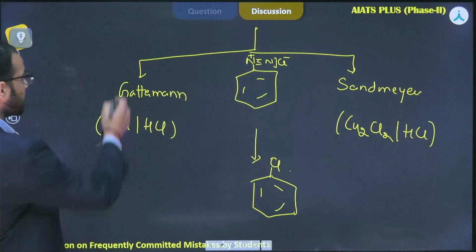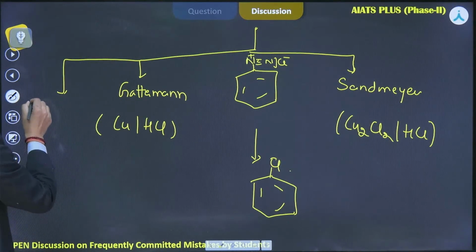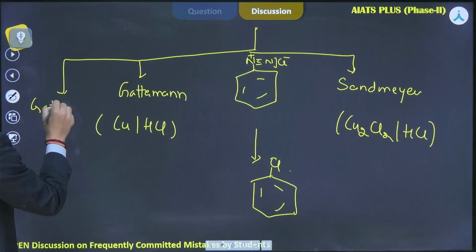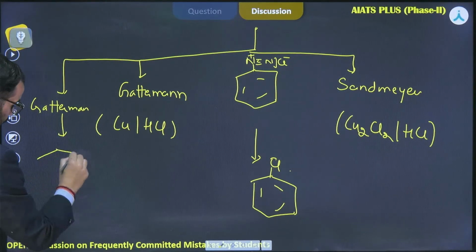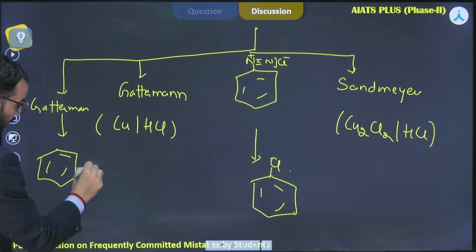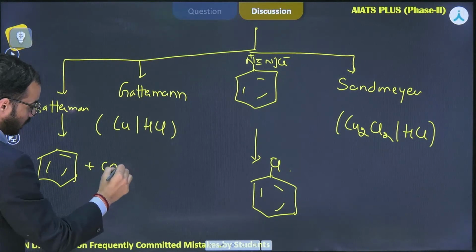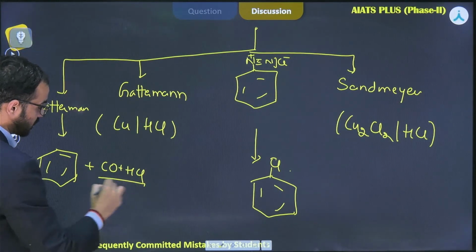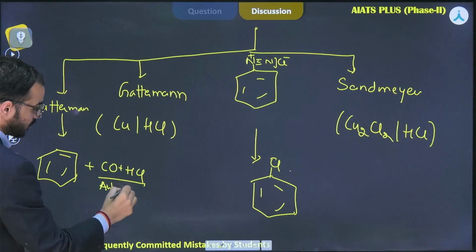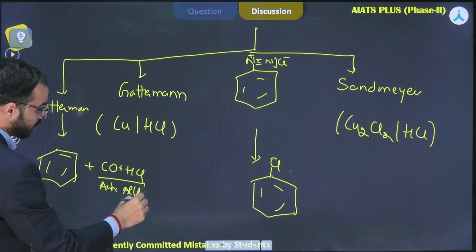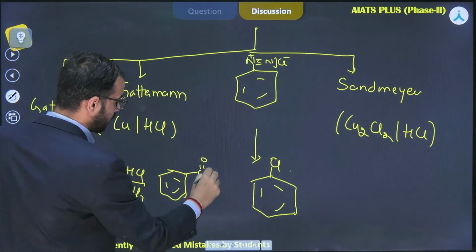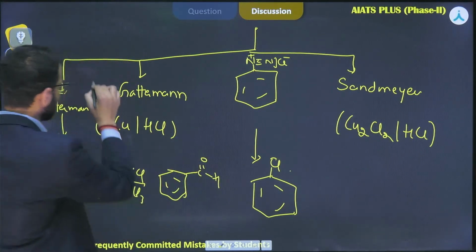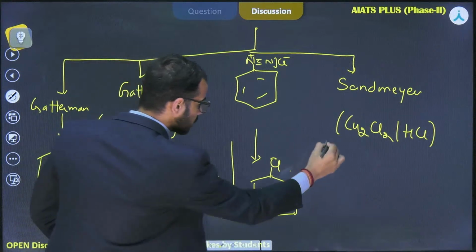And if the Gattermann-Koch reaction is asked, you will convert benzene plus CO plus HCl in the presence of anhydrous AlCl3, and you will have benzaldehyde. All of this is written in that portion.